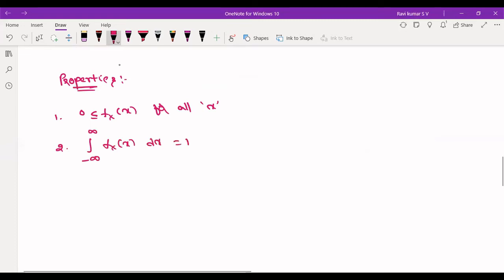From this I can explain the property with respect to a graphical representation. On the y-axis you can take the density function fx of x, on the x-axis you can take the x value.